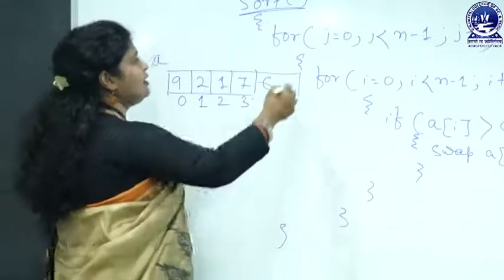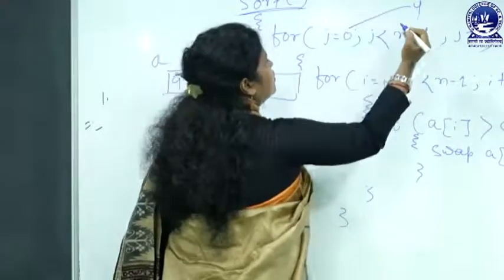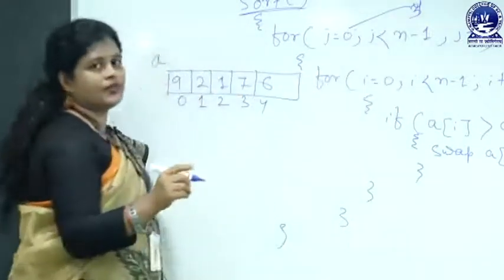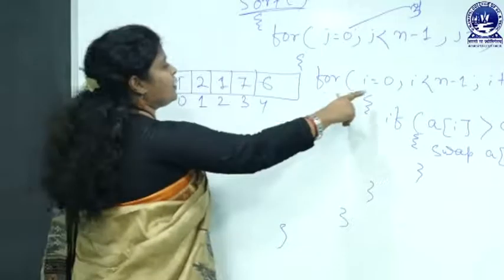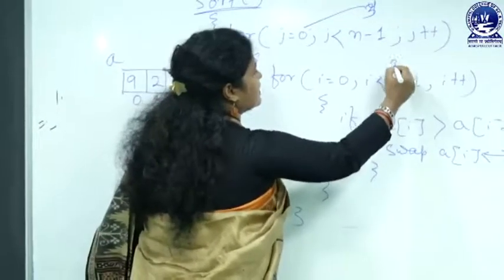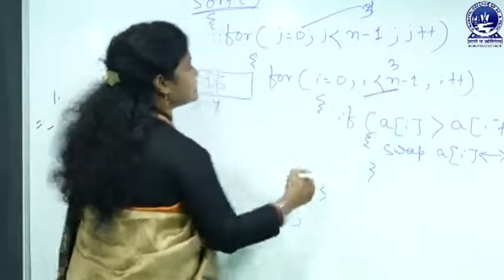So this loop will be continued from 0 to 3, that is 4 times. Then for i equal to 0, i less than n minus 1, here also the loop will be continued from 0 to 3, i plus plus.